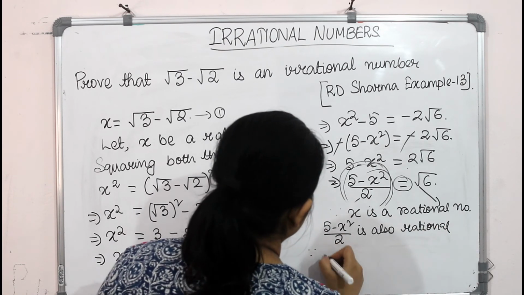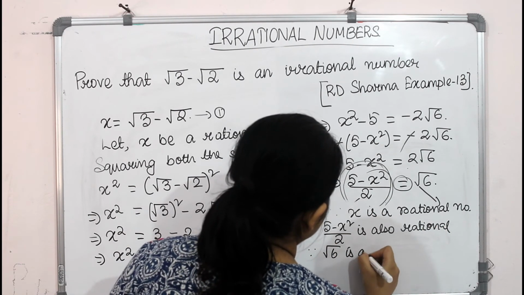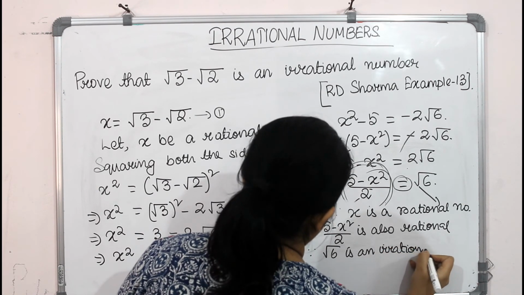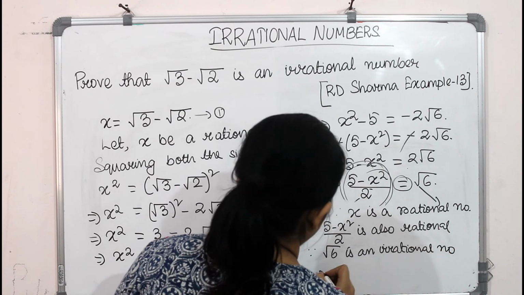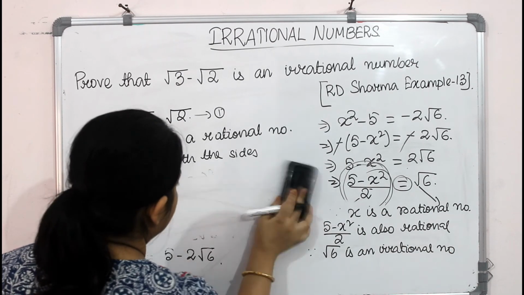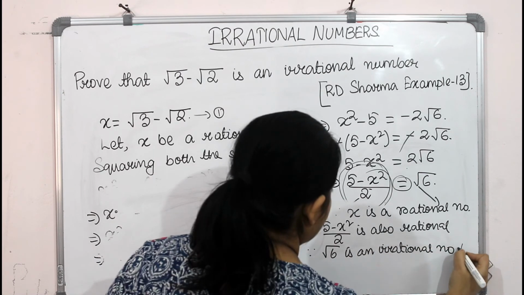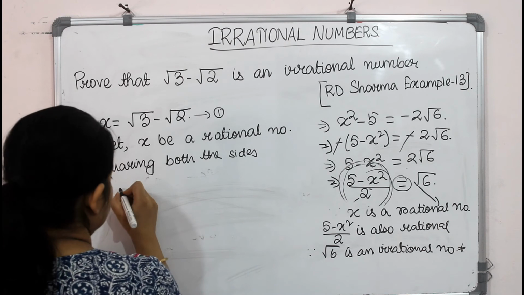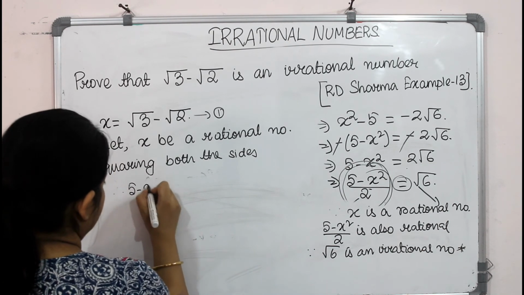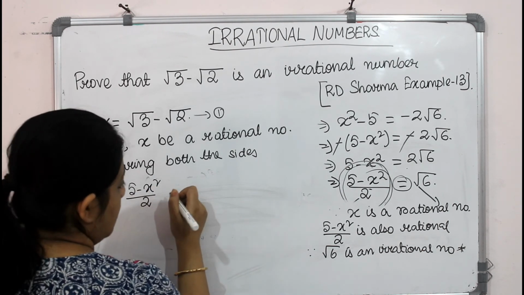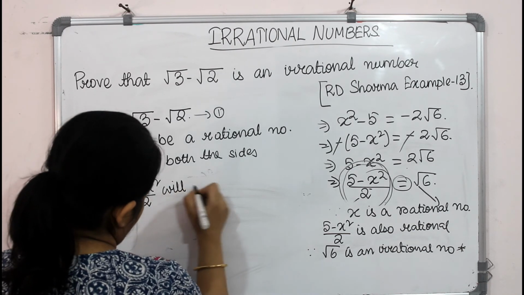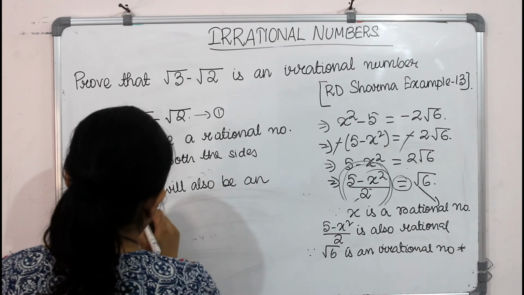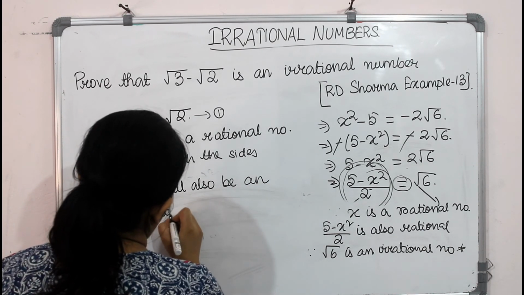So since root 6 is an irrational number, so therefore I am writing over here, okay, I am rubbing this and writing over here. So therefore 5 minus x square by 2 will also be an irrational number.